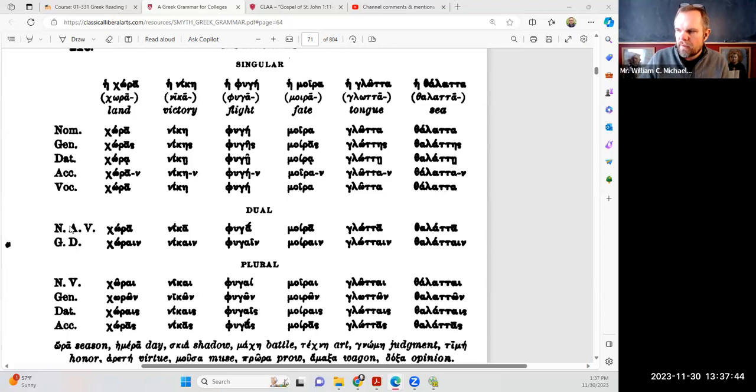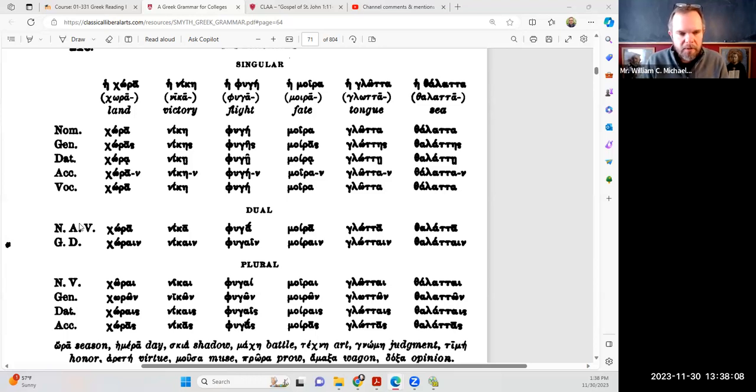So what do you notice about these first forms, the nominative, accusative, vocative dual form? What do you notice about these forms in the first row? Are they just like the first nominative form?